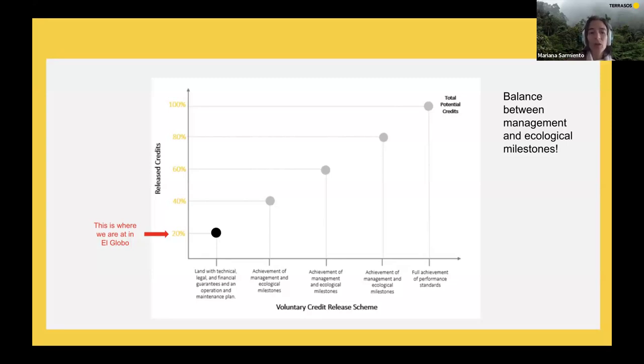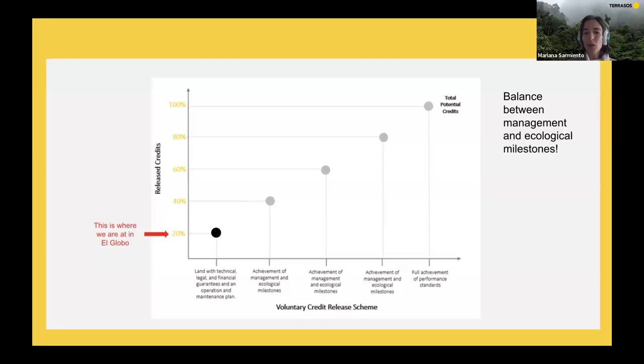And right now we are here. We've only released 20% of the credits because we've only achieved that first set of milestones. Once you achieve the next set of milestones, then you can release the next 40% and then the next 40%. And the idea is that you can release 100% of the credits in the first 15 years of the project.